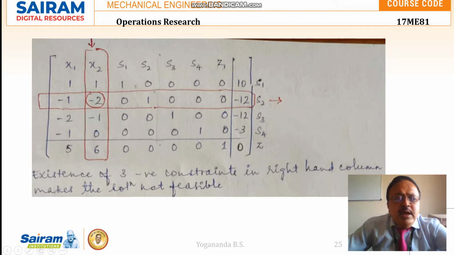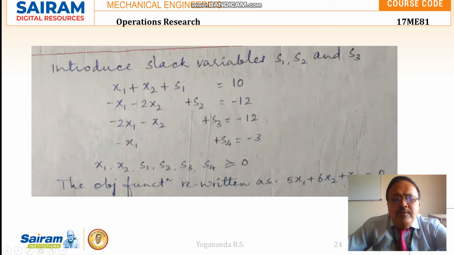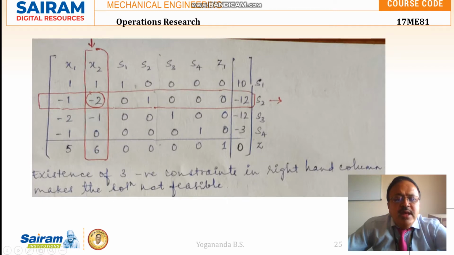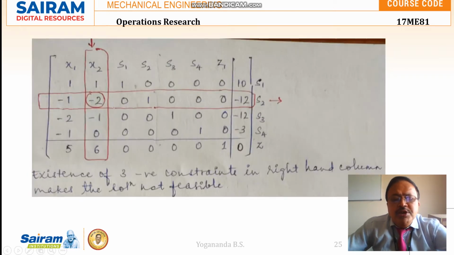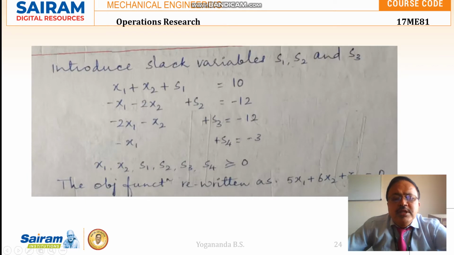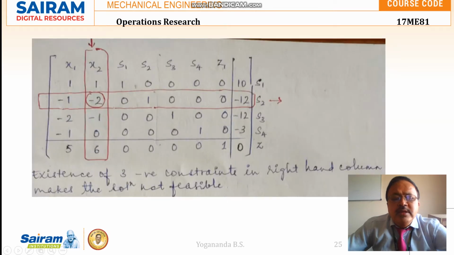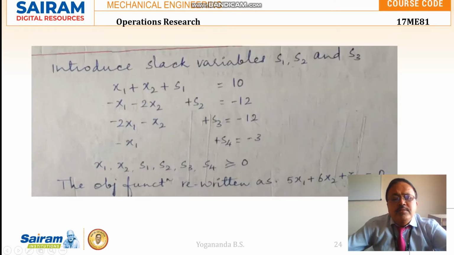Like this, in the objective function row we have 5, 6 with x1 and x2. Other entries for the other variables are 0, and z1 has coefficient 1. The solution column has 10, minus 12, minus 12, minus 3 and then 0.